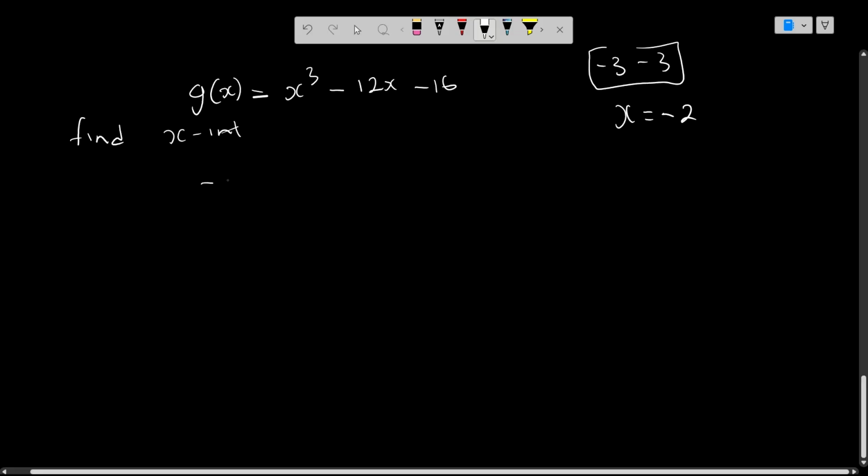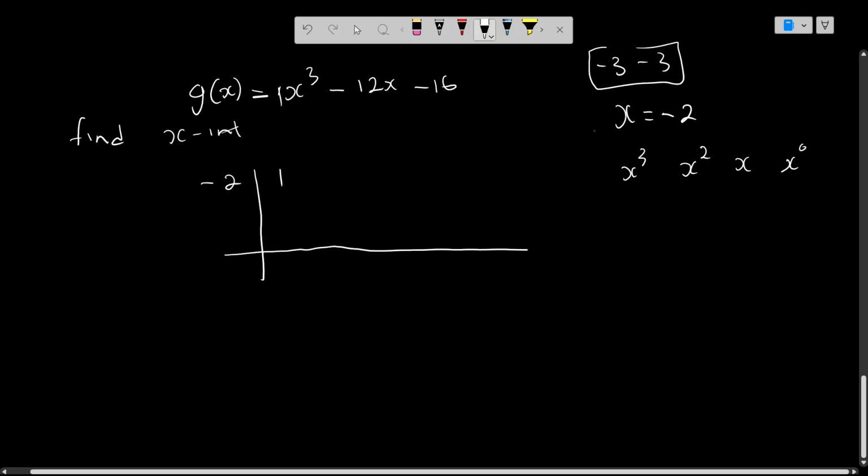Okay, so now that we know which x value we'll be using, you draw your box, or rather not the box, but you draw this thing here, and then you're going to write down your coefficients. Well, here the coefficient of x cubed is 1. Remember, you have to go step by step. So you start with x cubed, and then you follow x squared, then x, and then x raised to the power 0.